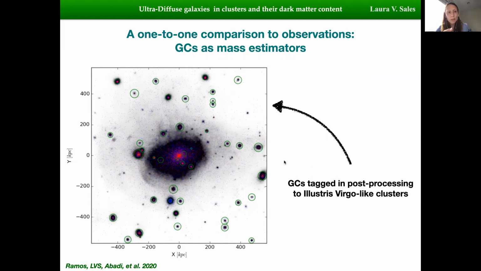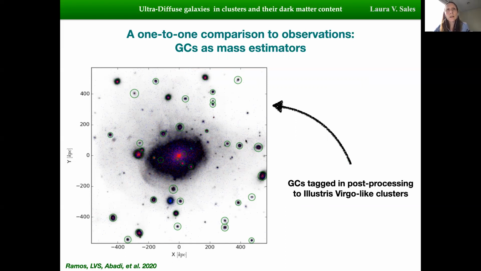Of course, the simulation Illustris does not resolve globular clusters, but you can come up with a tagging method to assign particles that are dynamically consistent with globular clusters. And that's the work that Felipe presented in 2020.